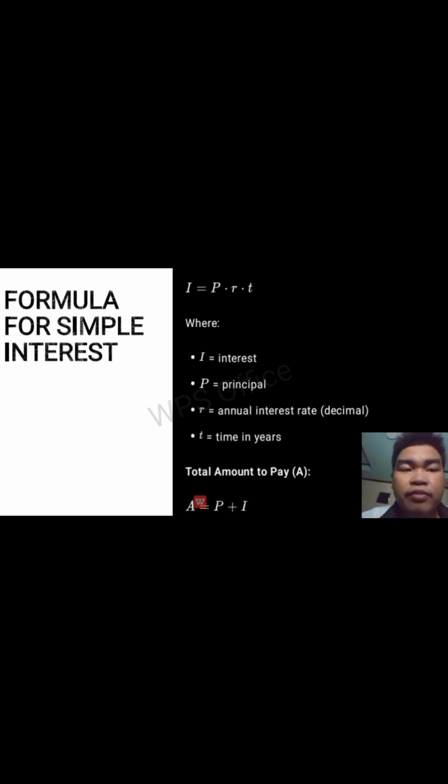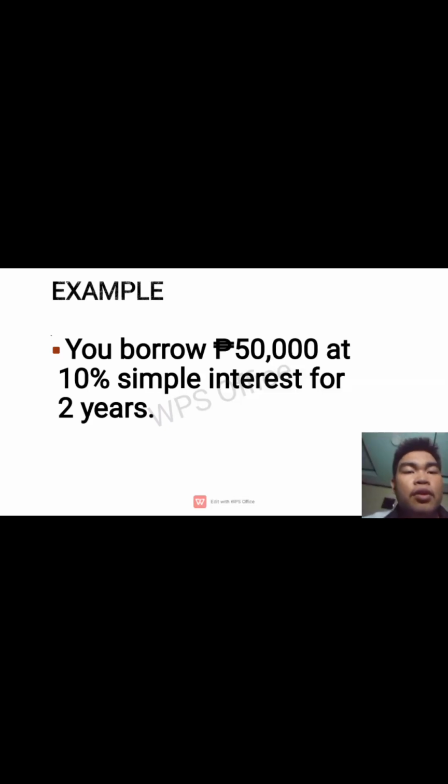After which, we must solve for the total amount of the pay, which is A, representing the total amount, equal to P plus I, or principal plus interest. For example, you borrow 50,000 pesos with a 10% simple interest rate for 2 years.